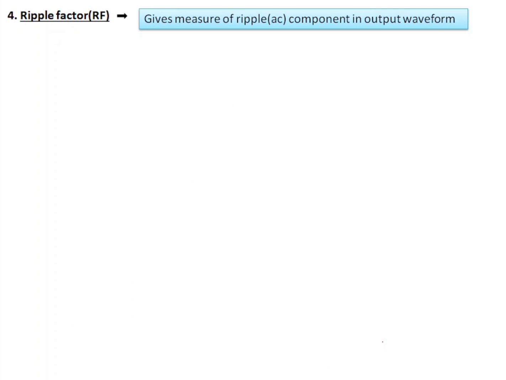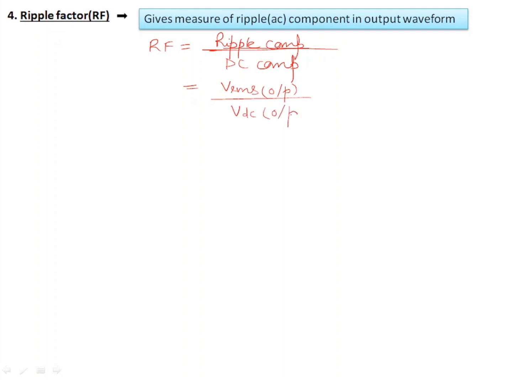Next comes ripple factor. Ripple, or pulsating, or fluctuating: these all words define the AC component of any waveform. So ripple factor means the AC component in the output waveform. It is given as ripple component to DC component, that is, RMS at the output over DC at the output.